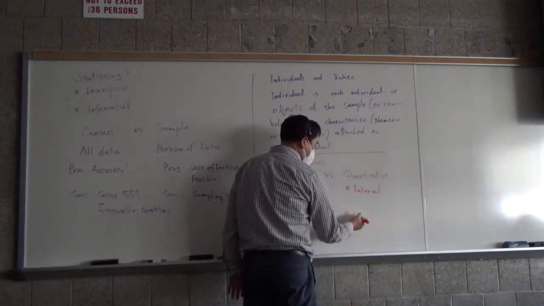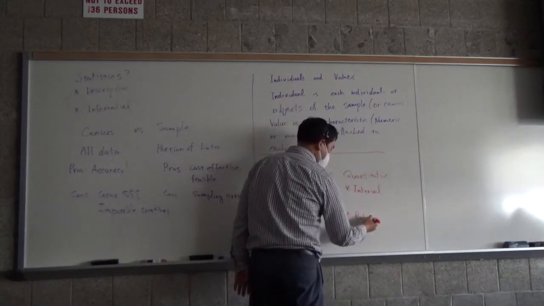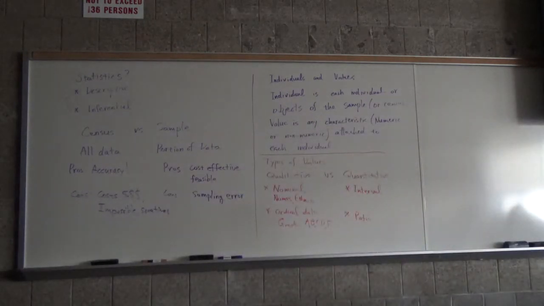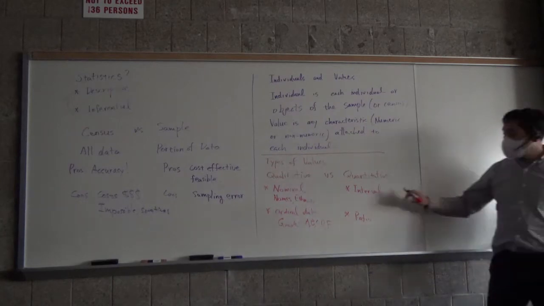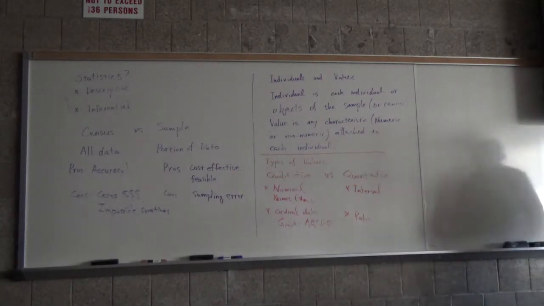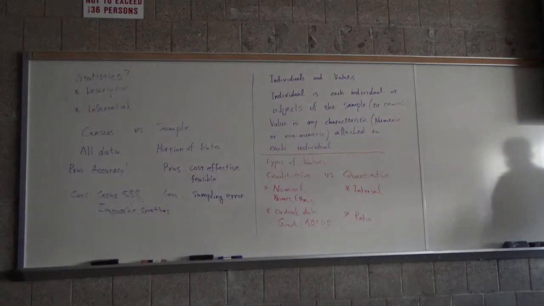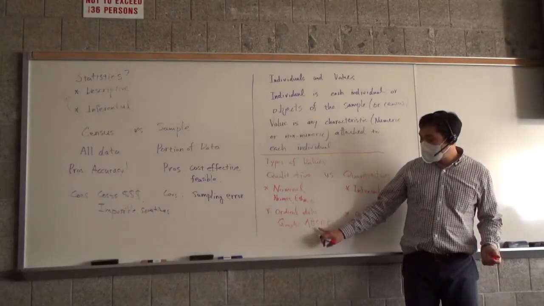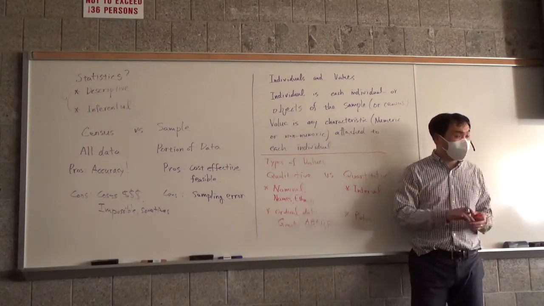Let me just check my notes. Right. Yeah. So there's the interval variable and the ratio variable. Yes. Ordinal, is it like grades of each person? Ordinal is when you have a non-numeric value, but the order does matter. Okay. Yeah.